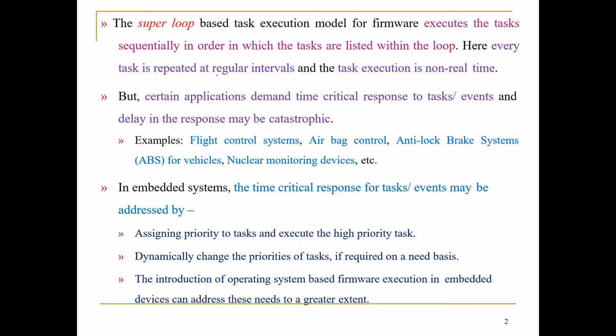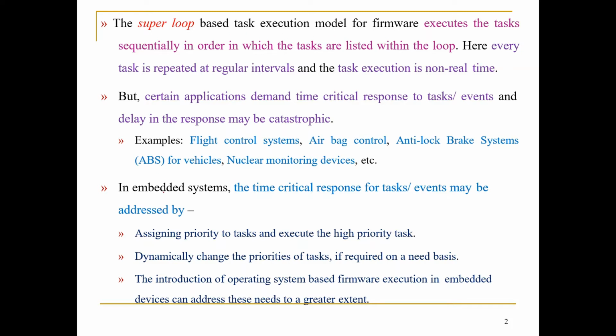For example, it may be in terms of the toys what a kid will be playing, or maybe in the fan speed regulation of the fan. There are some tasks which say that it is fine, the task can be done in any time. That is what is meant by the super loop based task execution model. Firmware means it's the software which actually will be doing the task that is listed in the super loop based task execution model.